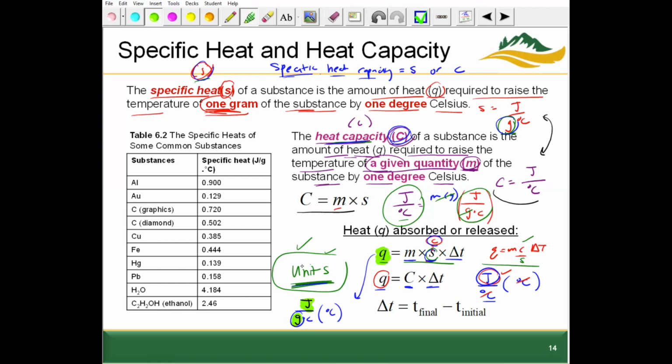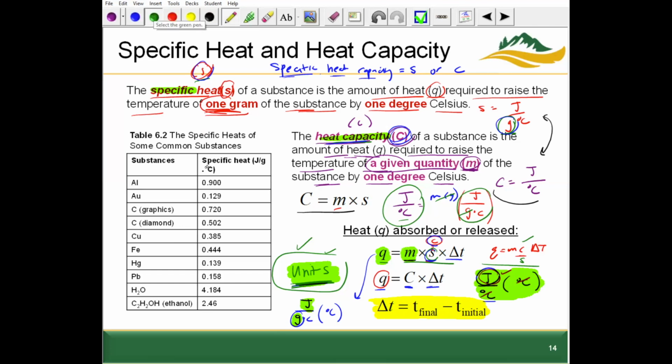So as long as we're paying attention to the units, we'll know if we need to incorporate a mass in grams or if we don't need to because we just have a heat capacity, not a specific heat capacity. Then again, delta T is always the final minus initial, so T final minus T initial.